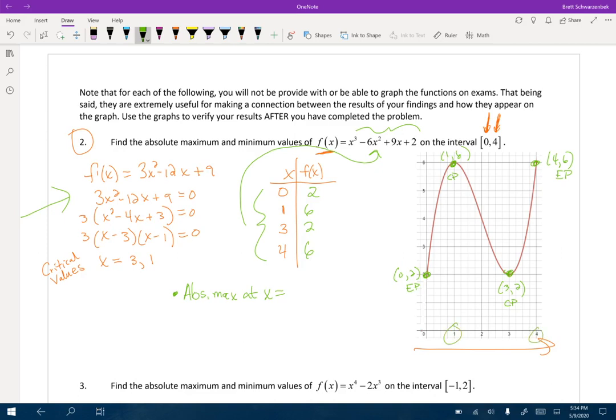So 1 and 4. So if they asked for just what values of x they're at, then you give them that. If they asked for the pure points, then you would actually include those. So the point would be (1, 6), and then this would be (4, 6). So it just depends on what they ask for. Then we could do the absolute min at x is equal to, it looks like it's going to be 0 and 3.